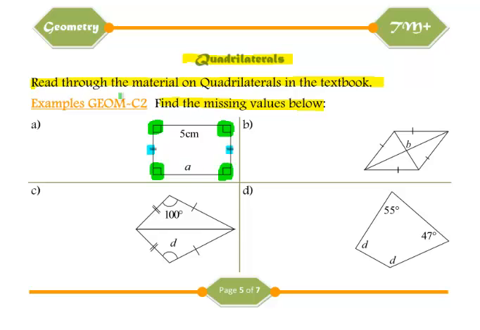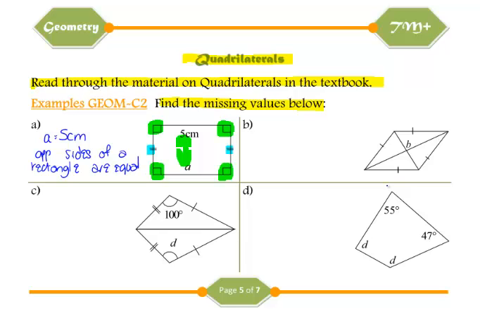So I know that these two sides must be equal. Okay, so A equals 5 centimeters, and opposite sides of a rectangle are equal.